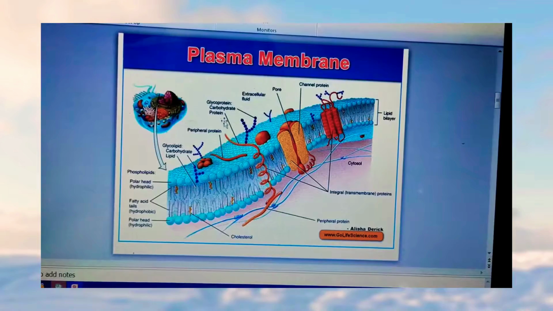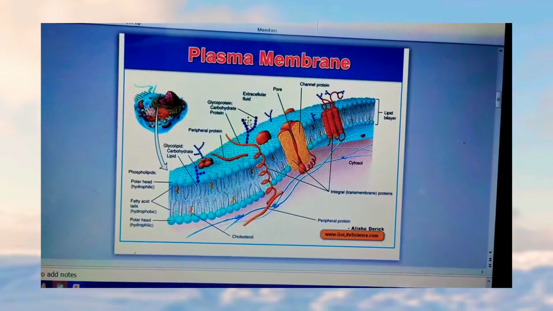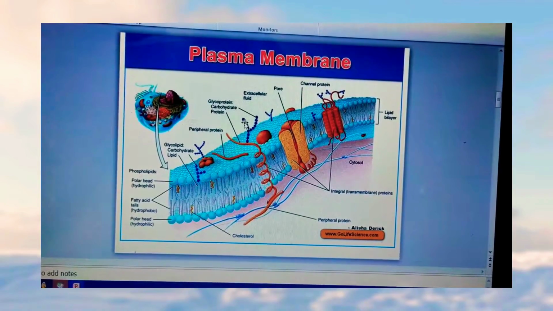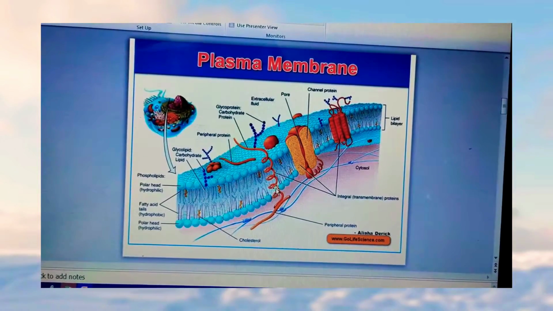And here the carbohydrate is attached with the protein. Focus on the cursor. This is the carbohydrate and it is attached to this protein. That is why it is called glycoprotein.